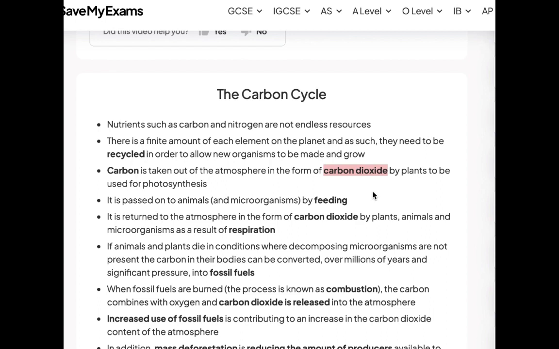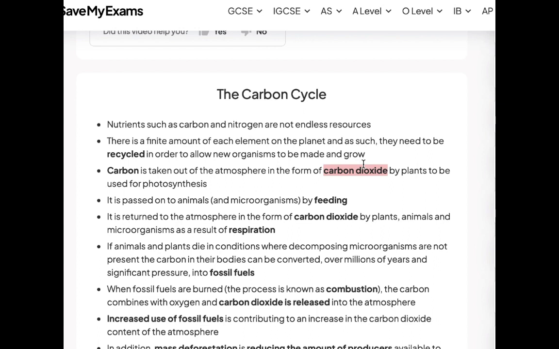Another way we get carbon dioxide in the atmosphere is that we human beings, when we feed on carbon food like carbohydrate and we respire, also release carbon dioxide to the atmosphere. So one way the carbon dioxide is released back into the atmosphere is by our own respiration. We breathe in oxygen and we breathe out carbon dioxide, releasing this carbon compound into the atmosphere.